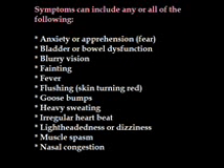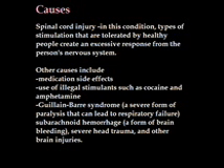Symptoms can include any or all of the following: anxiety or apprehension, bladder or bowel dysfunction, blurry vision, fainting, fever, flushing, skin turning red, goosebumps, heavy sweating, irregular heartbeat, lightheadedness or dizziness, muscle spasm, nasal congestion.